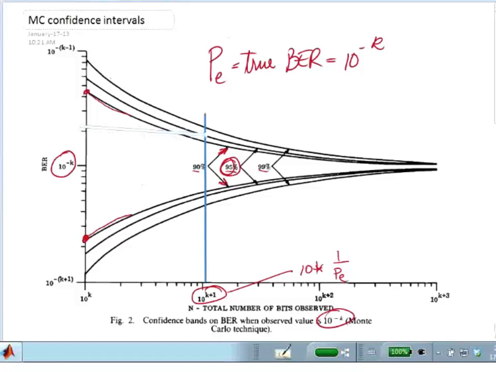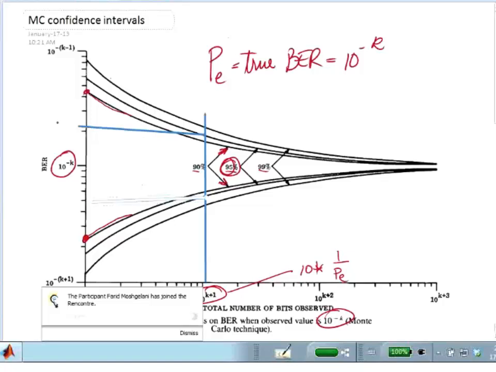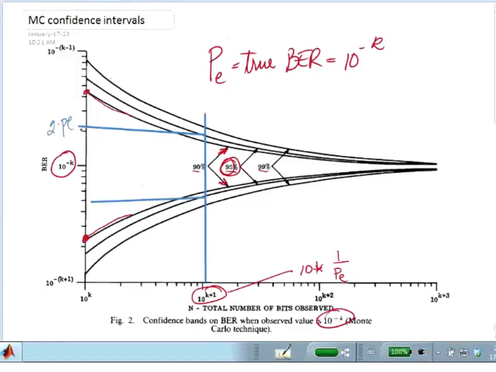And don't draw very straight lines, but trust me. This is happening at about 2 times PE, it's this point there, and about 0.5 times PE. So that means that for 95% confidence that my estimate will be within a factor of 2 of the true value, I have to run about 10 times more trials than the inverse of the true probability.